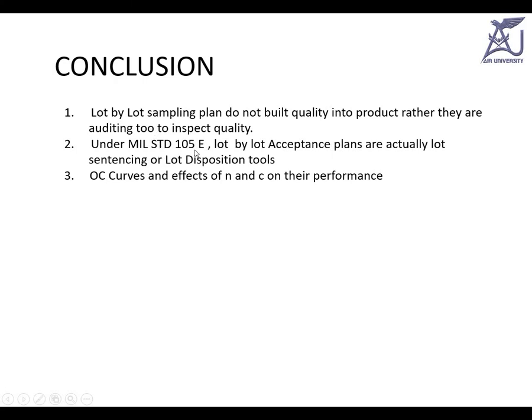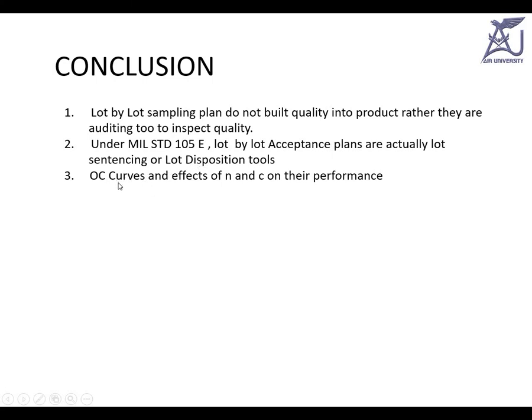So Military Standard 105E, which was developed by the US Army Department of Defense, and was in fact used in the Second World War, we have used this Military Standard 105E for the lot by lot acceptance sampling plan, and this was being used basically to put a sentence, or maybe you can say a disposal, on any lot.